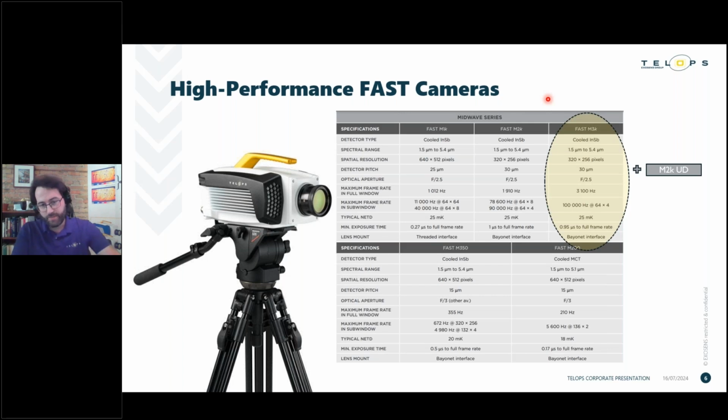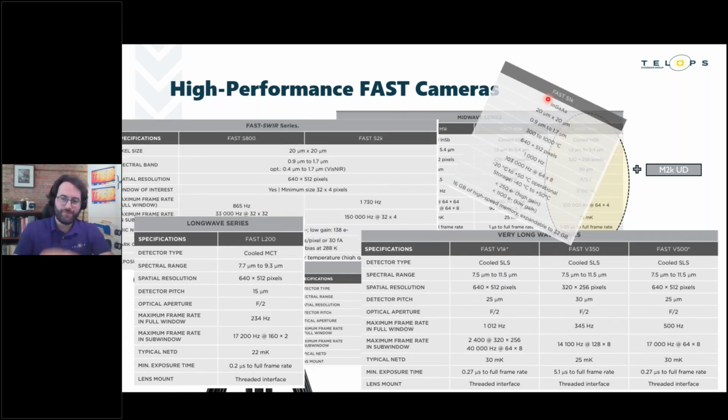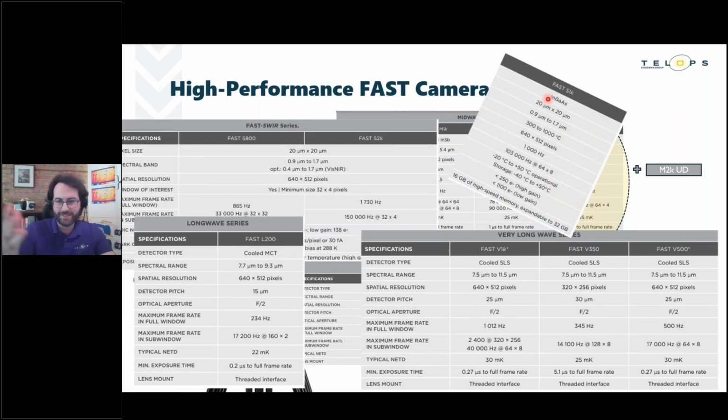Here we're just talking about mid-wave cameras, and there are already quite a few, plus the new one, the M2K UD, that was just released, offering a good balance between spatial resolution and speed. But then you start looking at the rest, and there's the HD, there's long wave, very long wave, fast SWIR, S1K, which is short wave as well.